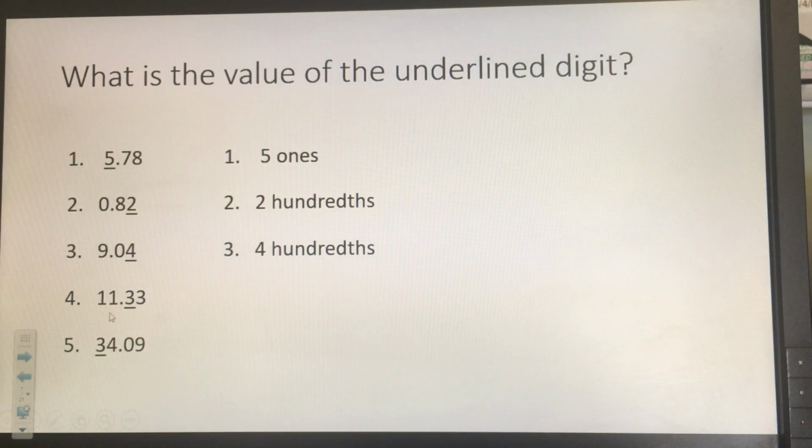The fourth number, 11.33, this underlined 3 is worth 3 tenths, because 3 is in the tenths column. The final question, 34.09. Okay, we've got the 3 underlined again, but it's in a different place this time. And this time it's worth 3 tens because it's in the tens column.